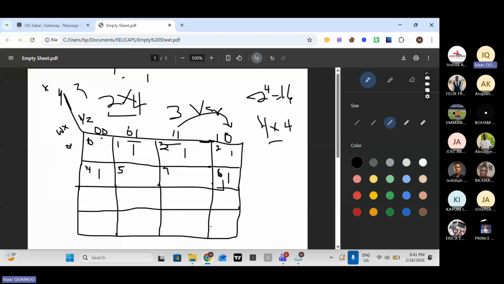Here will be 0 and 1. Here will be 1 and 1. And here will be 1 and 0. And this is where it gets a little bit tricky. When you are numbering, we ended here. We said here is 0, 1. This is cell number 3, 2, 4, 5, 7, 6.